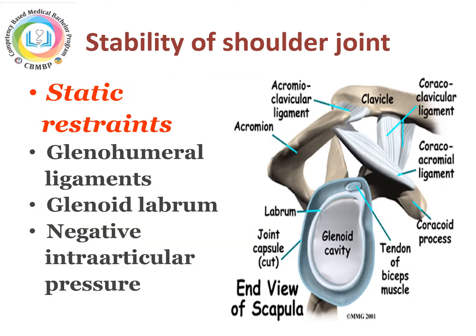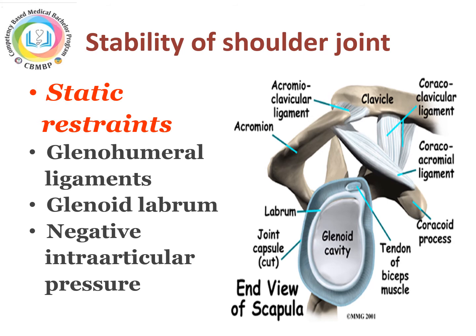What about the stability of the shoulder joint? The stability of the shoulder joint consists of two restraints, static and dynamic restraints. Static restraints consist of the glenohumeral ligaments, the three important ligaments as we said before, the glenoid labrum, the fibrocartilaginous rim around the glenoid cavity, and the negative intra-articular pressure that adapts the head of the humerus against the glenoid cavity.